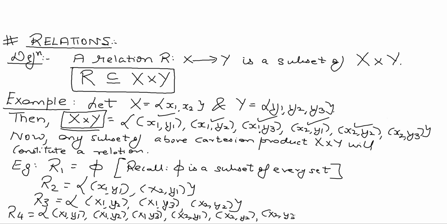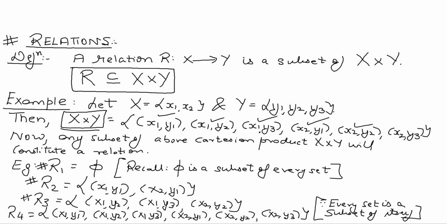Why is this a relation, guys? Because every set is a subset of itself. So all of these are examples of relations. Why? Because R1, R2, R3, R4, if you observe them, R1 is also a subset of x cross y.